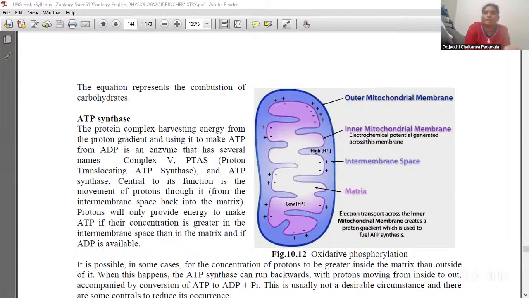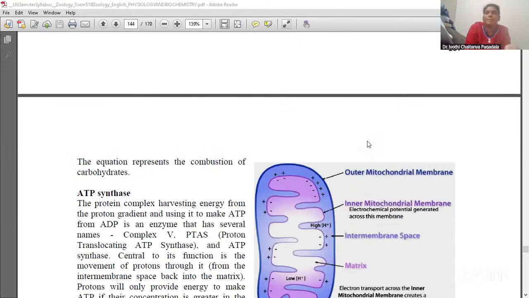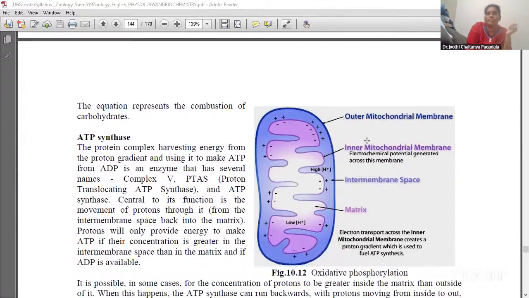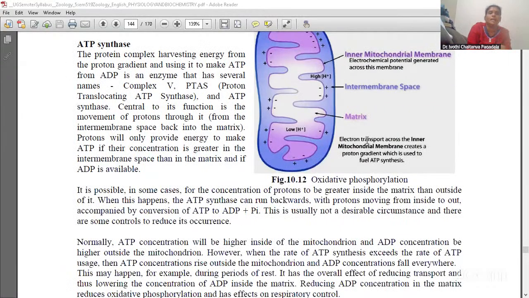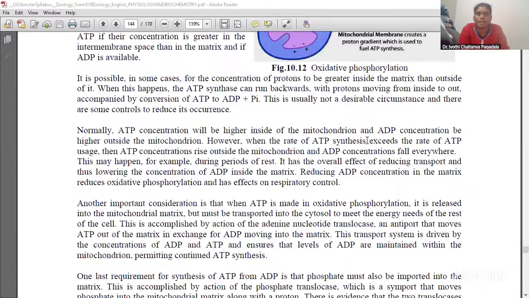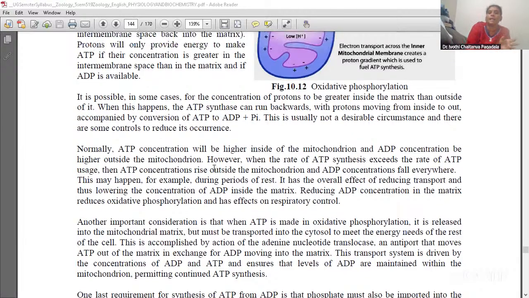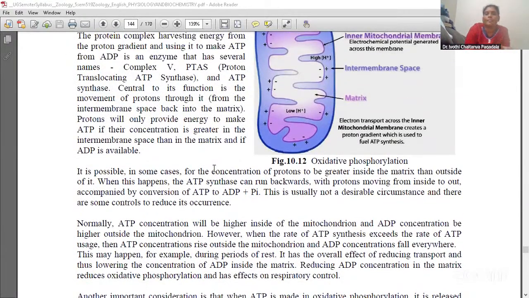So here, in the inner membrane, the electrochemical potential is generated across this membrane. In normal conditions, the ATP concentration will be higher inside the mitochondria and the ADP concentration will be higher outside the mitochondria.